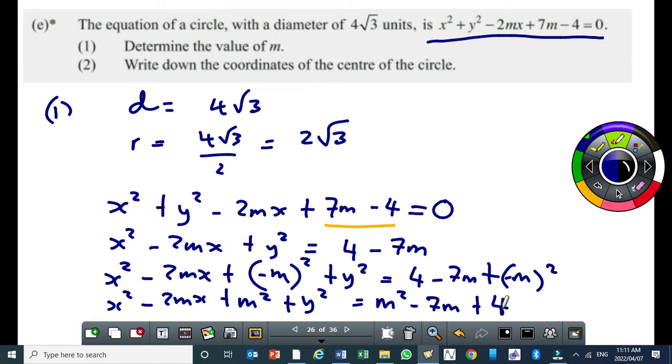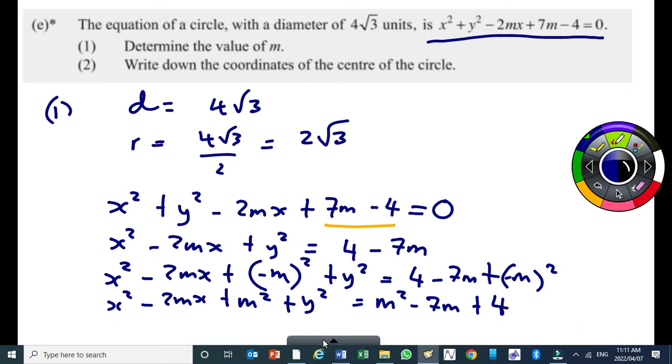Are you following that? Then we can factorize the trinomial in terms of x. If we factorize it, we will end up getting x minus m squared plus y squared is equal to.